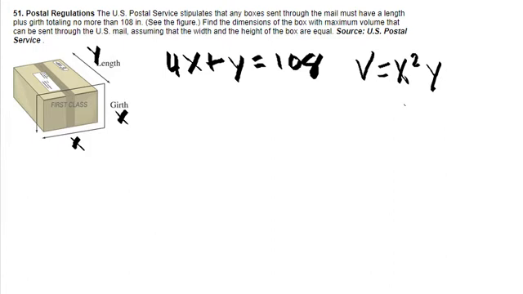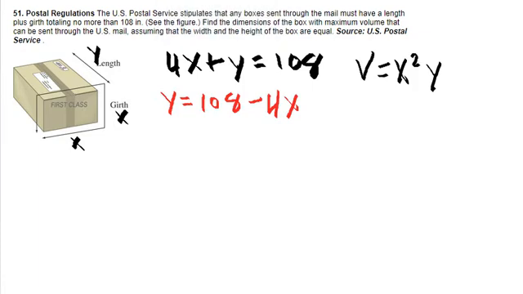Notice that we can express the volume with respect to the x variable, but to do that, we must first solve for y. Manipulating this equation, y equals 108 minus 4x.